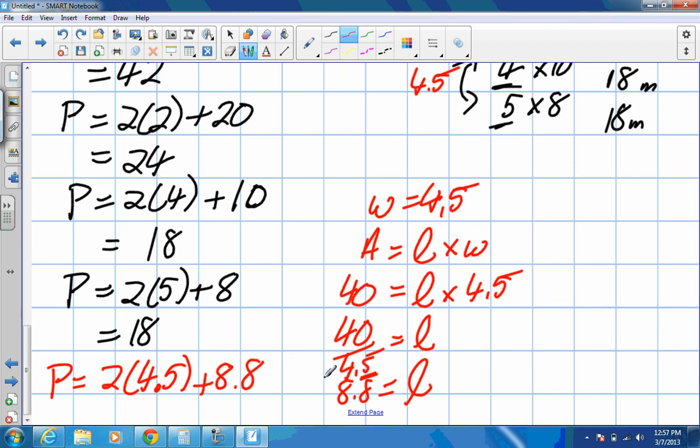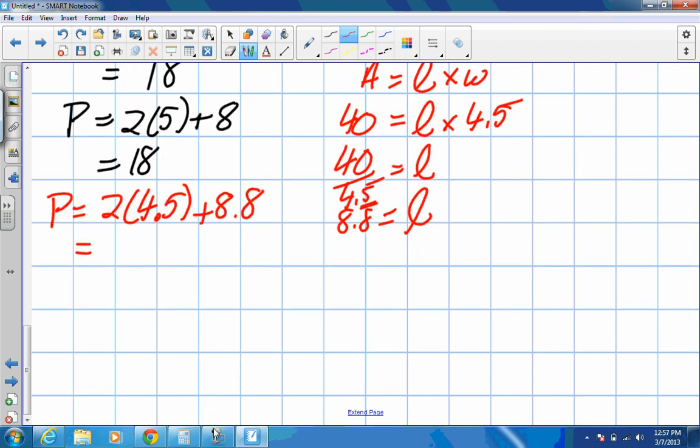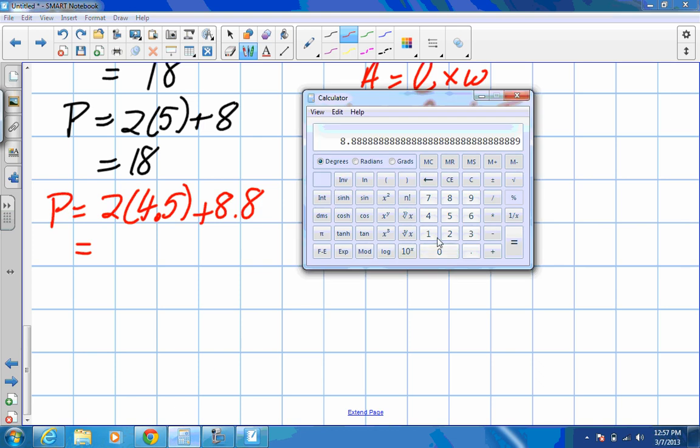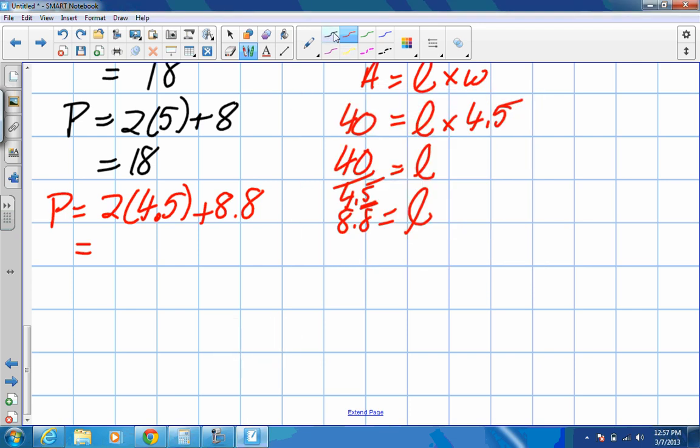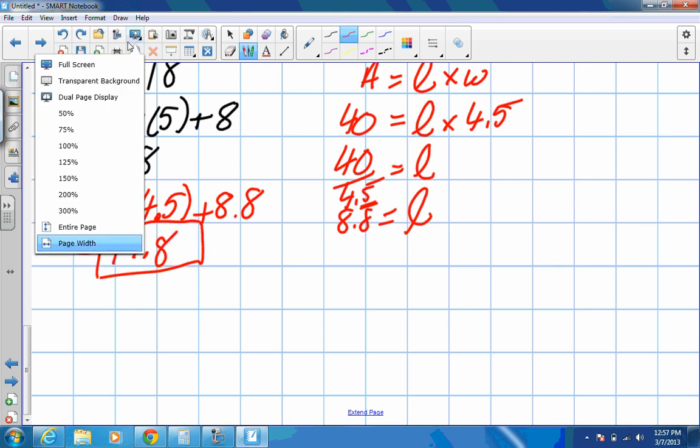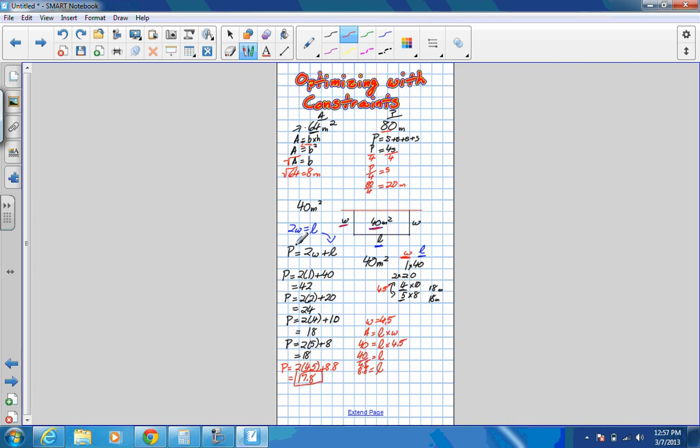We'll use our calculator for this. 4.5 times 2 plus 8.8 repeated. 17.8. So that is an amount that is smaller than 18. Okay? And what our goal was, we were trying to find something that had that magic ratio of the width being half of the length. So keep that in mind when we have an enclosed area with only 3 sides.